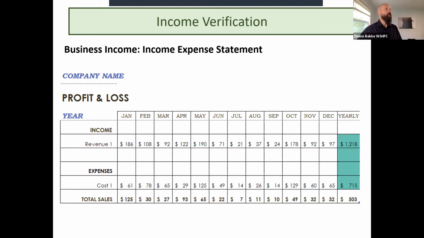One thing I'd like to point out about the profit and loss statement: be sure that the expenses they're putting down are relevant. For instance, I had a property where a gentleman owned a landscape company, and part of his expenses was lunch because he couldn't make it back home to have lunch. It didn't really seem relevant to the industry to me.